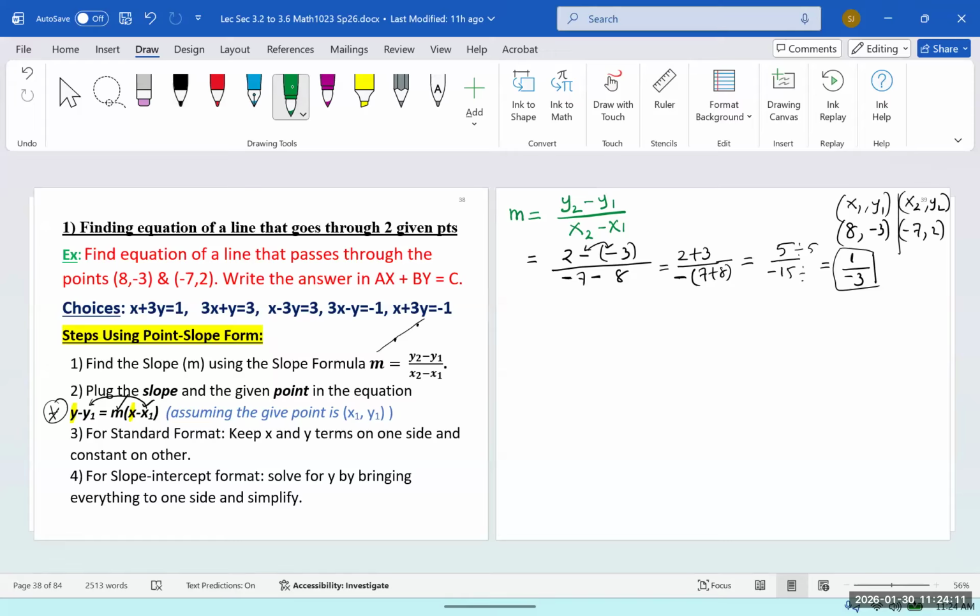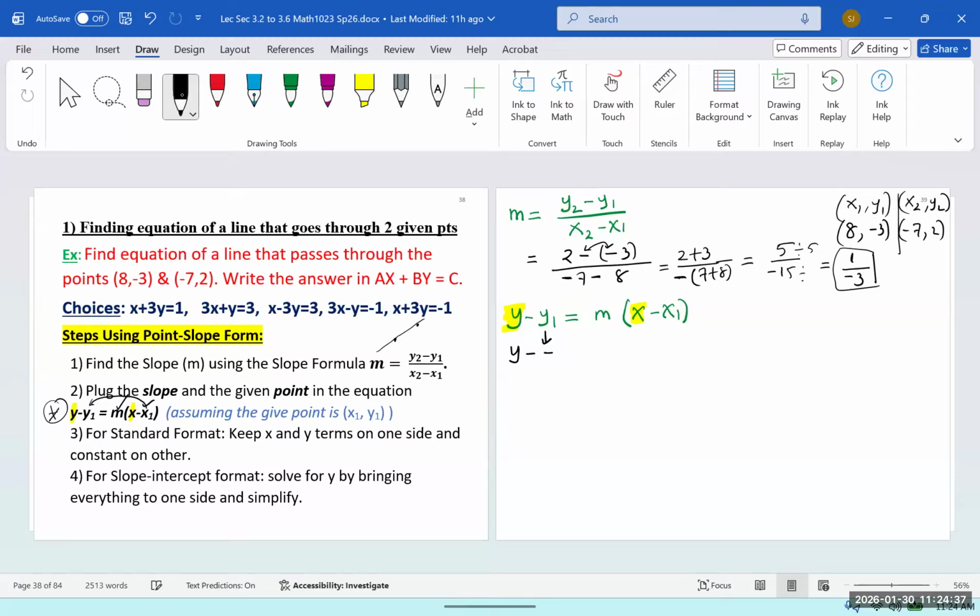Then we go and replace the slope into y minus y1 equals slope times x minus x1. So we're going to replace everything else except x and y. So we keep our y and we subtract the y1.